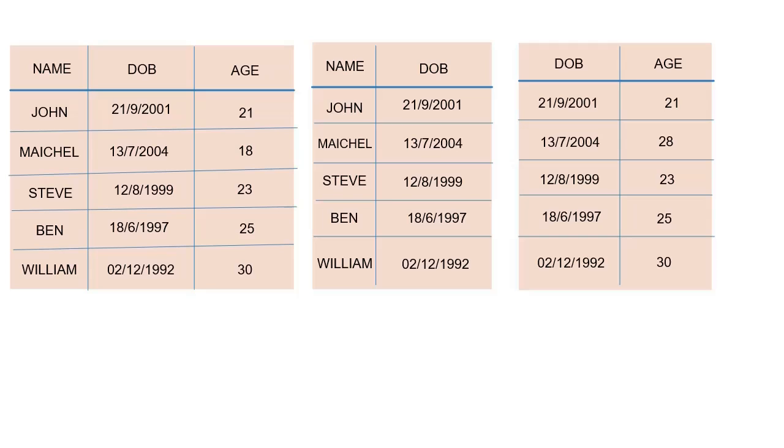That is, the non-prime attribute date of birth is completely dependent on the primary attribute name. And in the second table, the date of birth is the primary key attribute which decides the age of that particular date of birth. I mean, that particular person who is born on that date. So these 2 tables satisfy the third normal form.